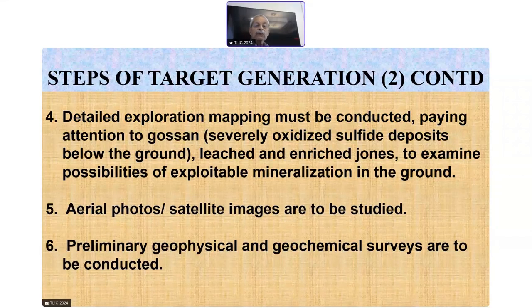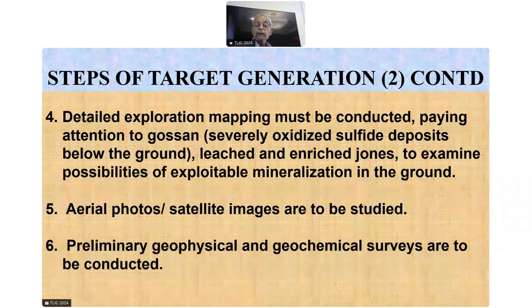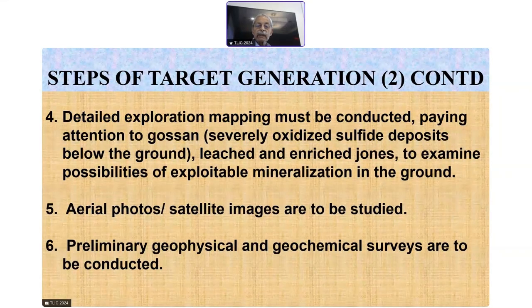So chalcopyrite, which is a copper iron sulfide, is leached out at the shallow surface level by water, rain, and all that, and it leaves material behind. That is called gossan.